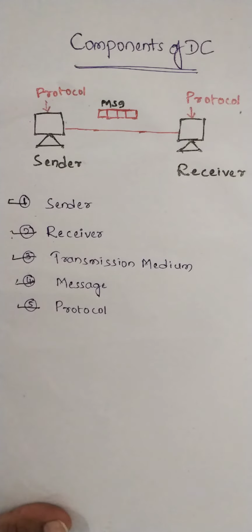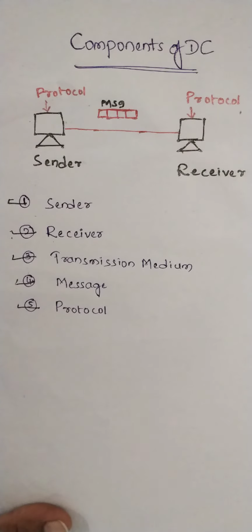The third point is the transmission medium. If there is a sender and there is a receiver, then how does the communication take place? For that reason we need a transmission medium.